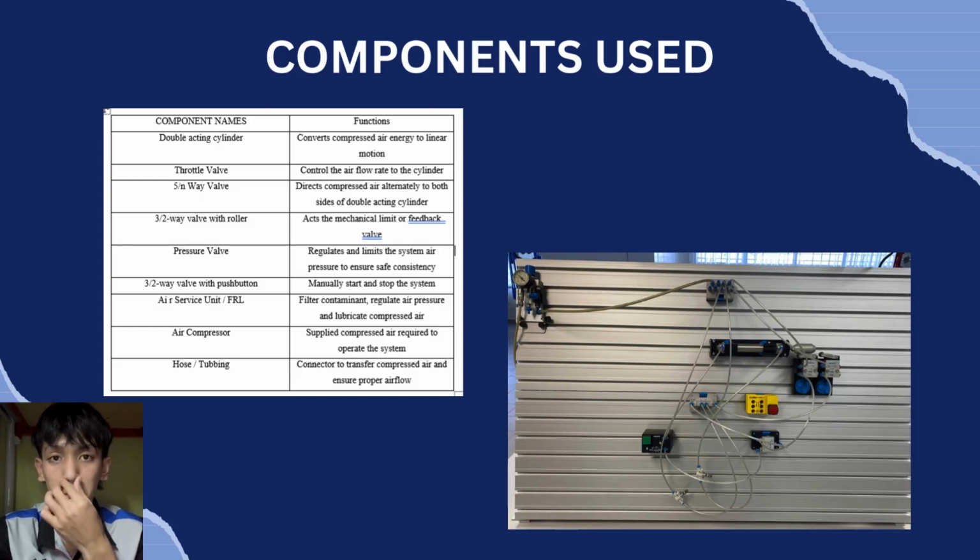Lastly, the mechanical frame supports all components and absorbs the repeated impact loads. The frame is designed to be strong and stable to maintain safety and machine durability. As you can see, these are the photos of my project.